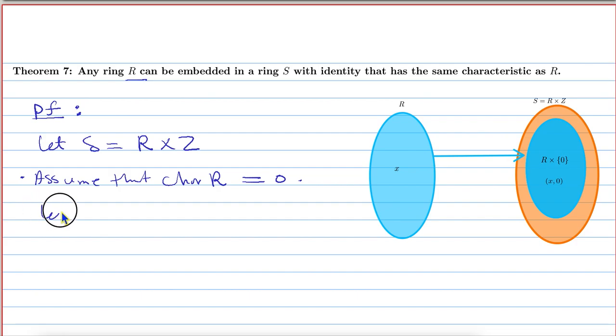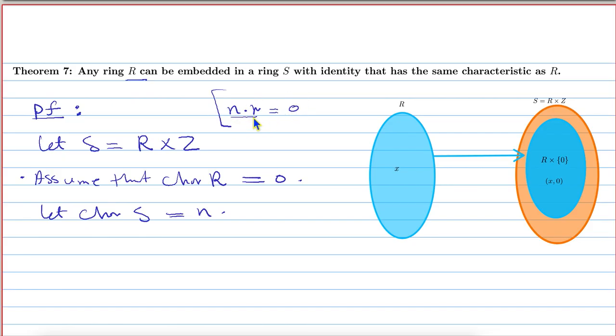So we let characteristic of S equal N. Remember that the characteristic of a ring is the least positive integer N such that N times any element R in the ring equals 0.